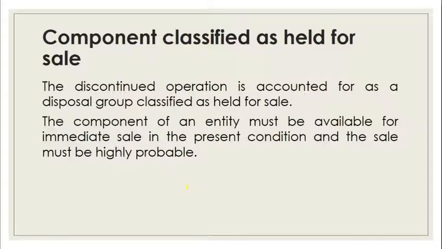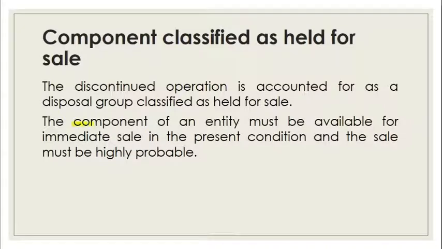So, the measurement and everything else discussed earlier for held for sale applies. The component of an entity must be available for immediate sale in its present condition and the sale must be highly probable. So, what is the difference from your discontinued operation?